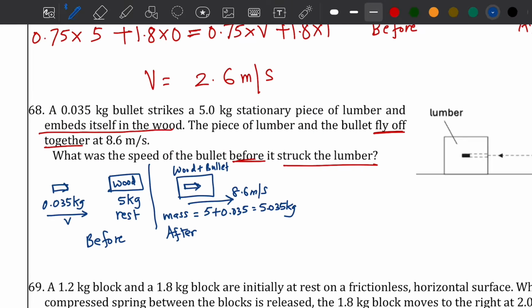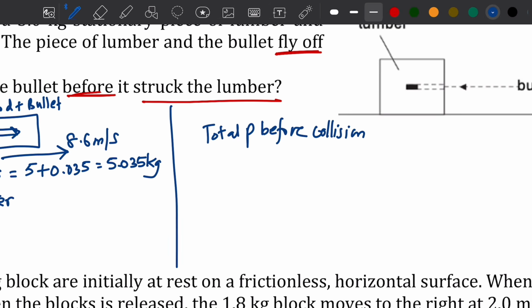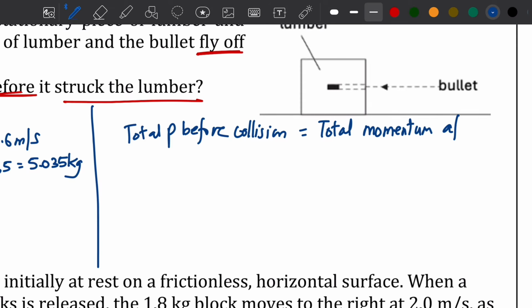Now I can apply conservation of momentum. Total momentum before collision is equal to total momentum after collision.